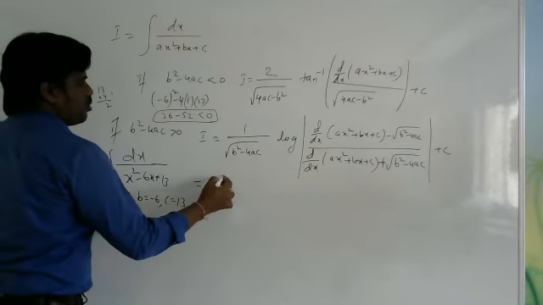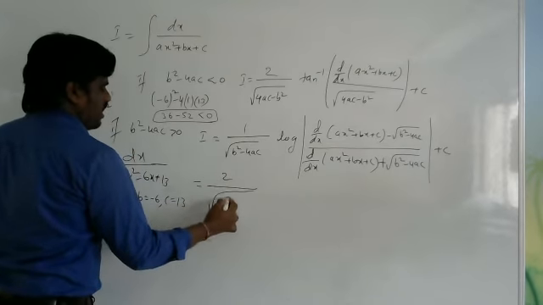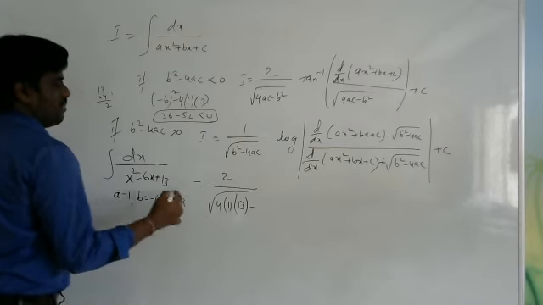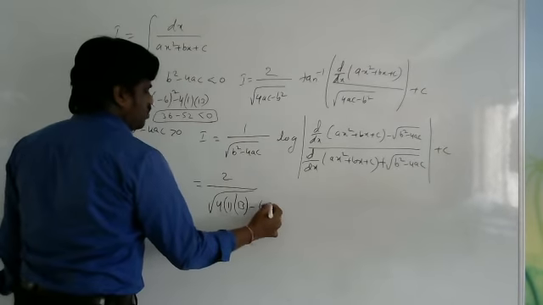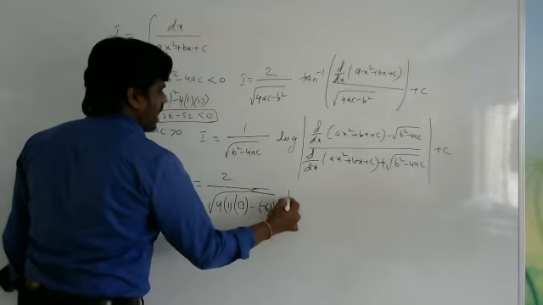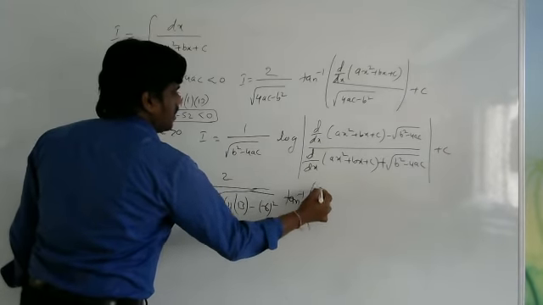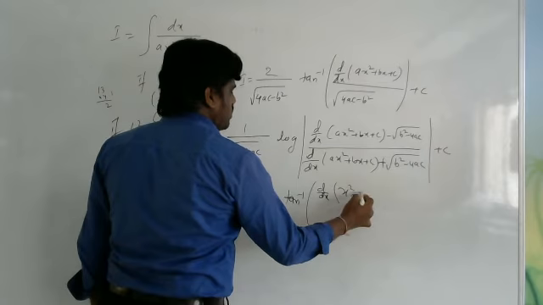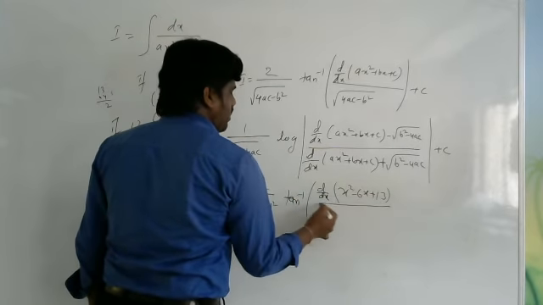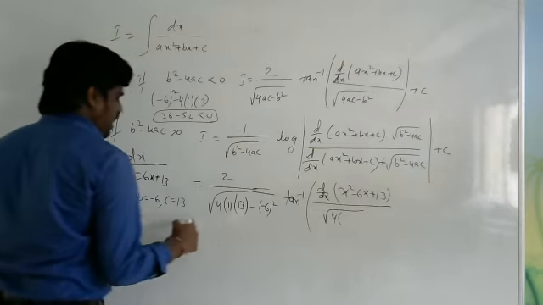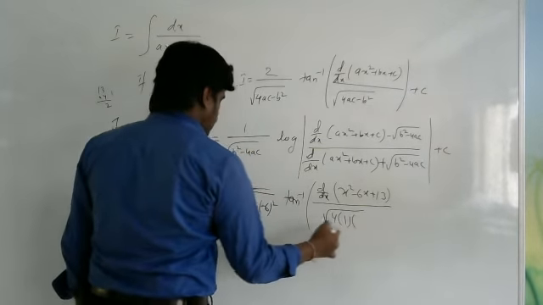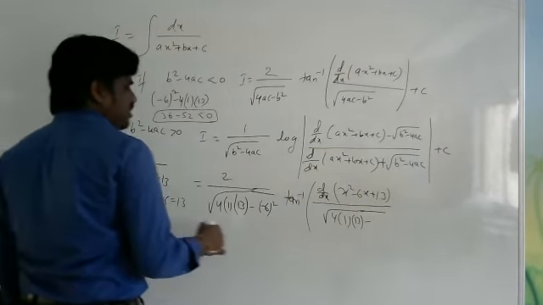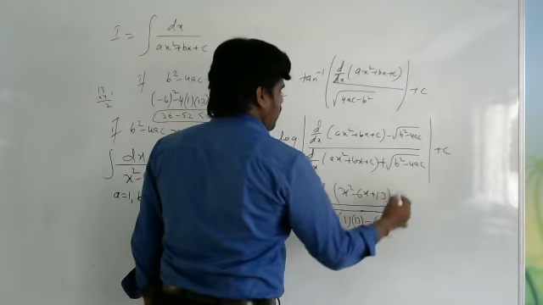The answer will be 2 upon square root of 4 into a is 1 into c is 13 minus b square, b square means minus 6 whole square, tan inverse of d by dx of x square minus 6x plus 13 divided by square root of 4 into a, a is 1 into c, c is 13, minus b square, minus 6 whole square, plus c.